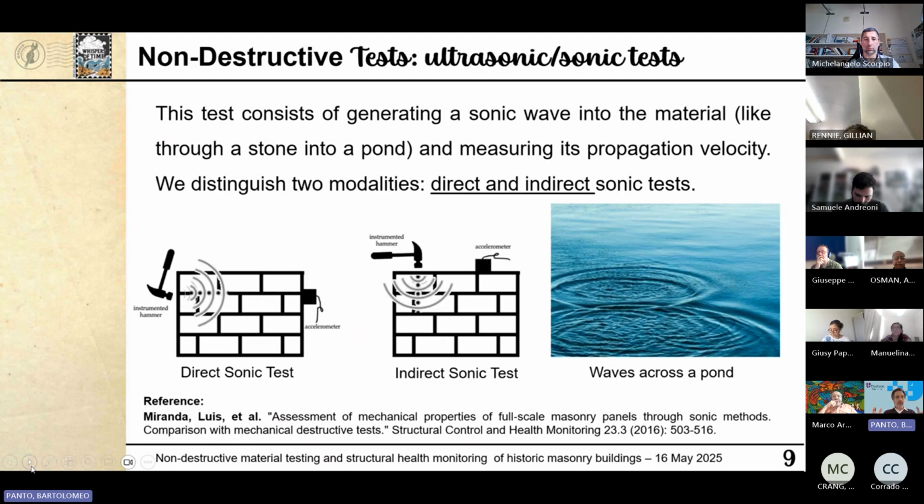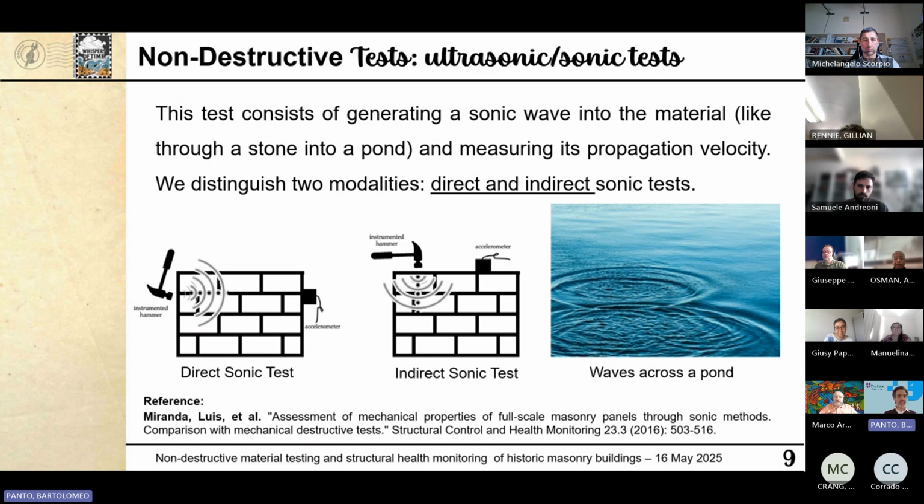Right, now we are in the core of this presentation, in which I will try to introduce some of the main techniques that we classify as non-destructive and generally use for masonry structures. The first one I introduce is the sonic test, and basically the idea is very simple.